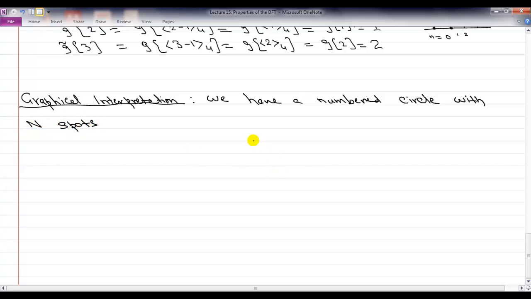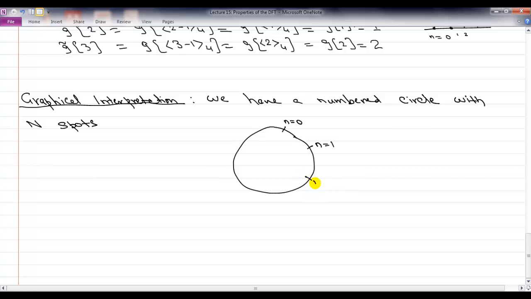So I draw this circle where I have n equal to 0, n equal to 1. It's like taking the linear line and just connecting it back to 0.